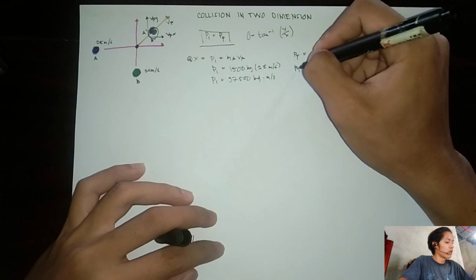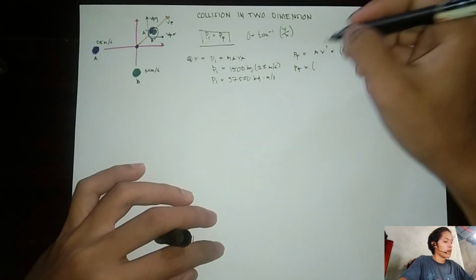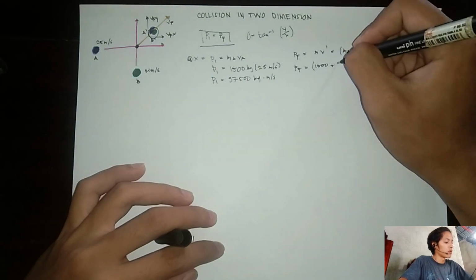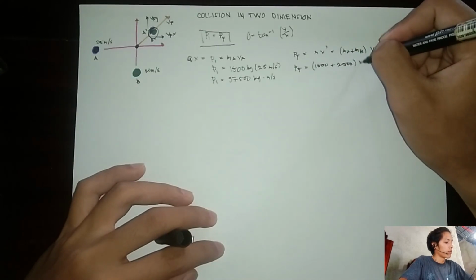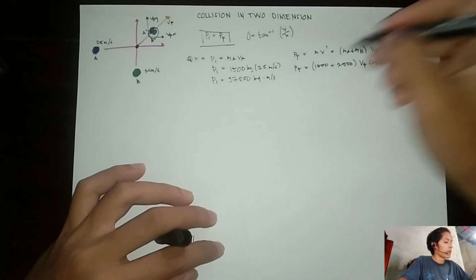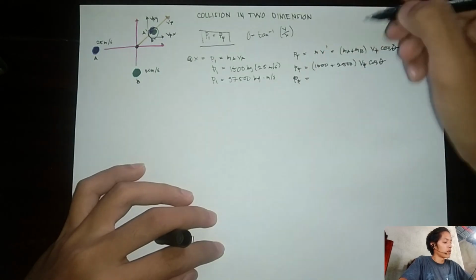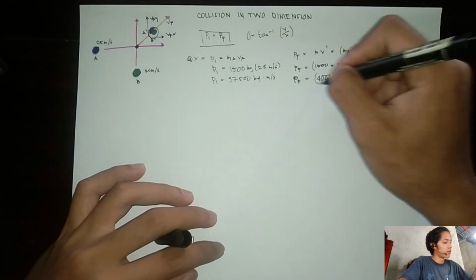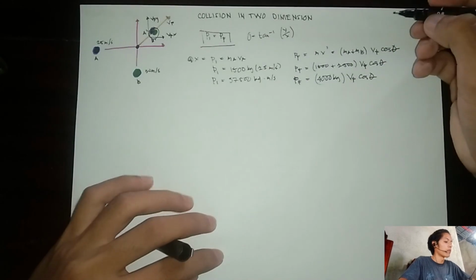So, momentum final is equal to mass ng A na 1,500 plus 2,500 times velocity final cosine theta. Momentum final is equal to 4,000 kilograms times velocity final cosine theta.